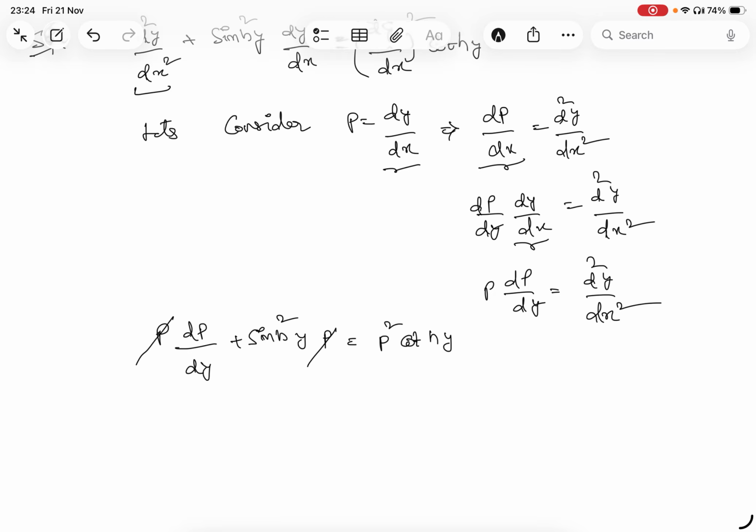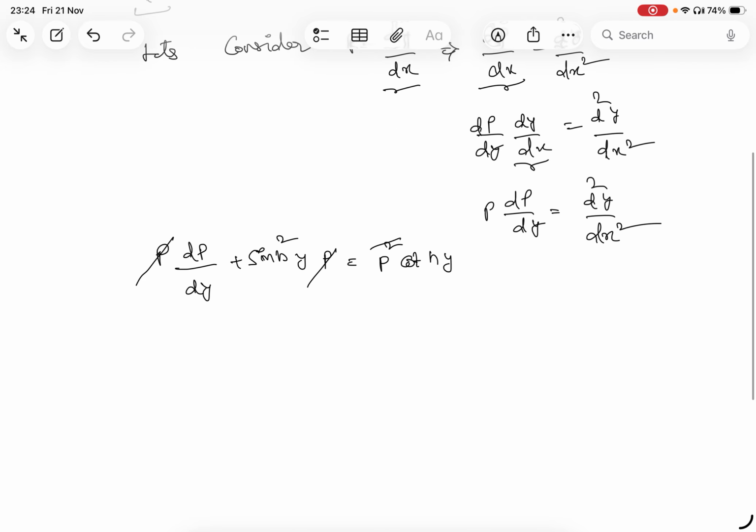One of the p's will get cancelled. Now you can simplify this as dp/dy minus p coth y equal to minus sinh²y.